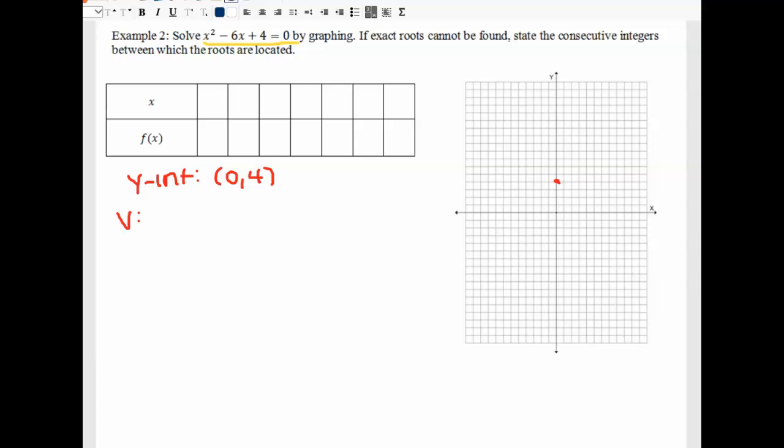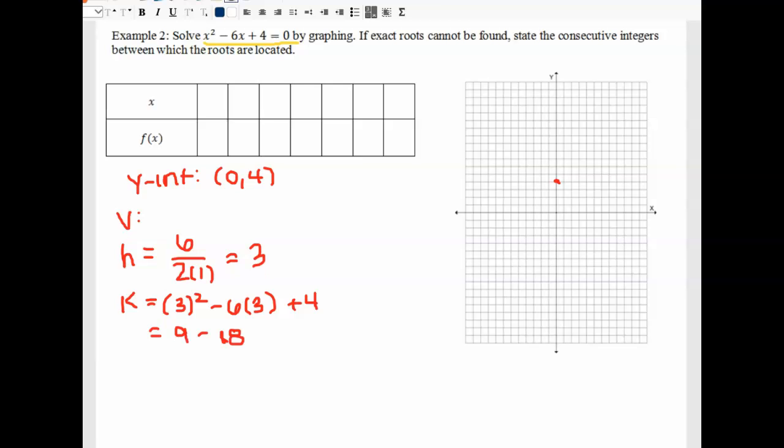So that's the h and the k. h is negative b over 2a, so positive 6 over 2, so 3. And k is 3 squared minus 6 times 3 plus 4. So 9 plus 4 is 13, 13 minus 18 is negative 5.